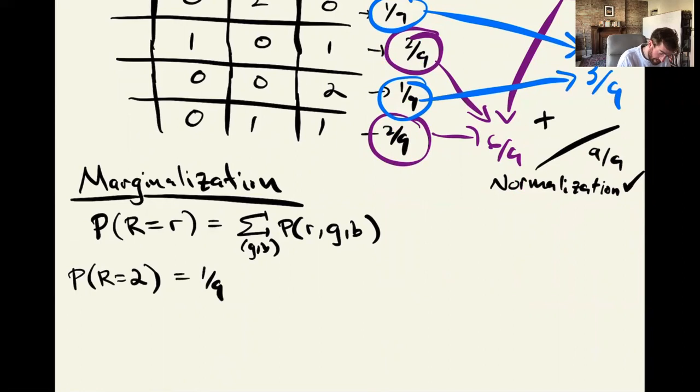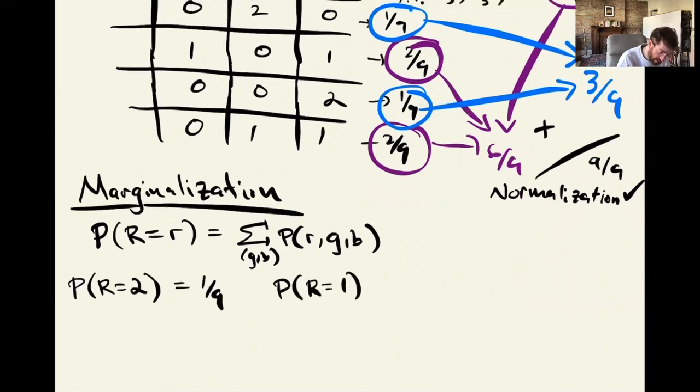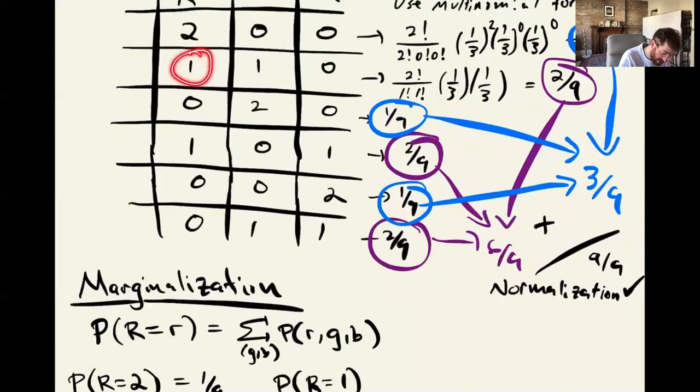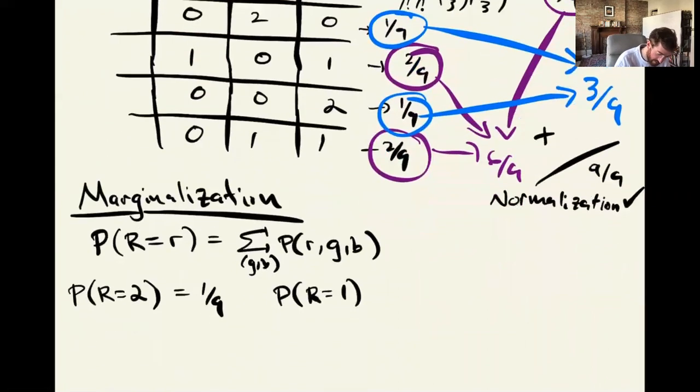And then what about the probability of 2 red balls, or sorry, 1 red ball? Well, that corresponded to, here's an instance where I had 1 red ball. Here's another instance where I had 1 red ball. And so those are both purple. So I had 4/9 here.